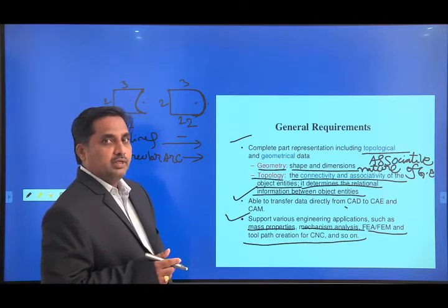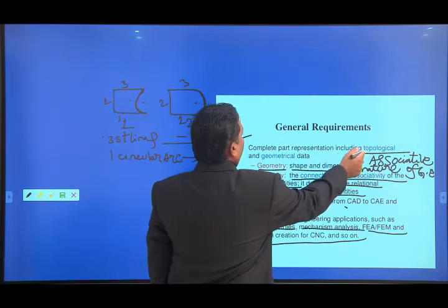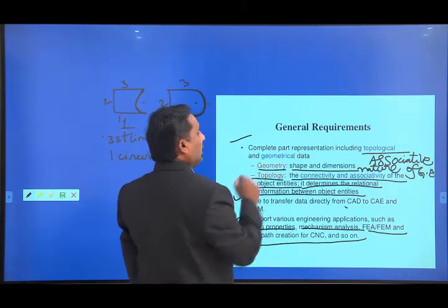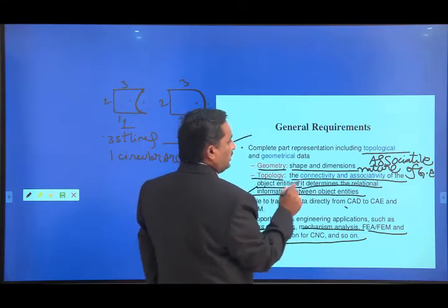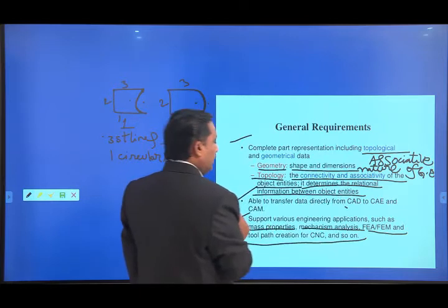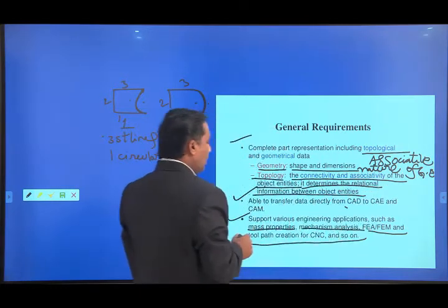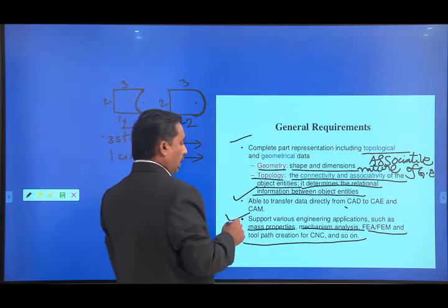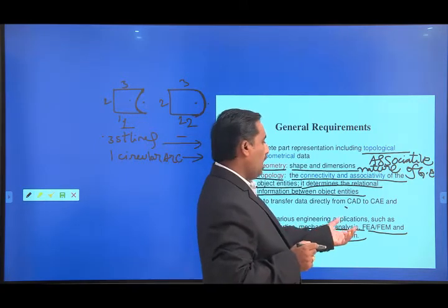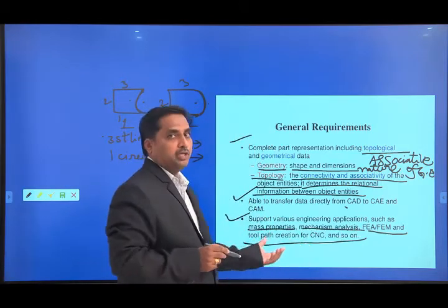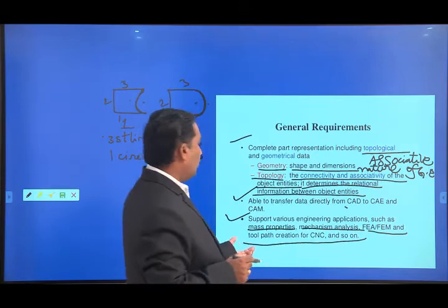General geometric modeling requirements. One is complete part information including topological and geometrical data. Geometry is nothing but shape and dimension. Topology means connectivity and associativity. Next one, being able to transfer data directly from CAD to CAE and also to CAM. And also it has to support engineering applications such as mass properties, mechanism analysis like FEA and FEM, and tool path generation.